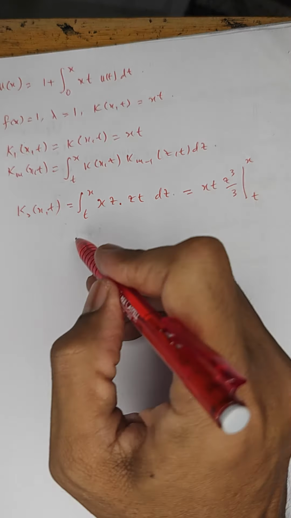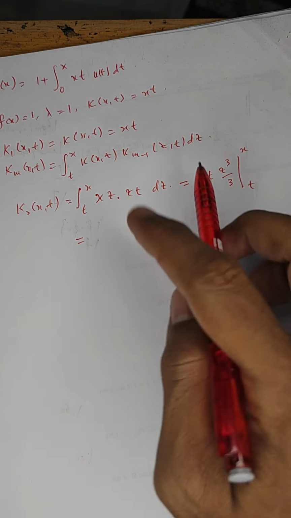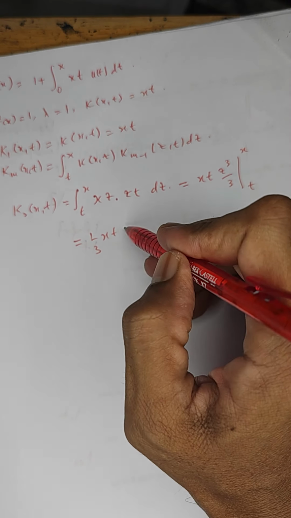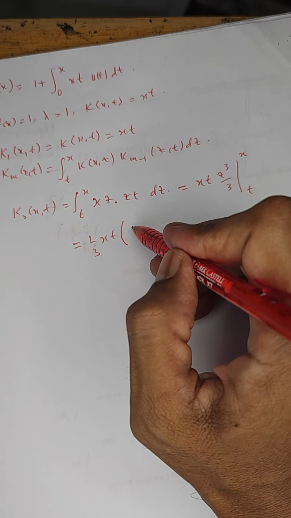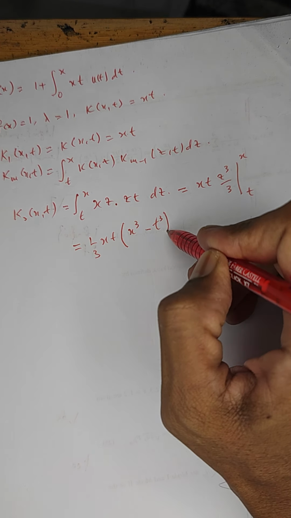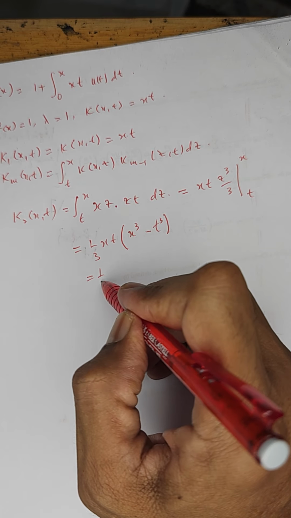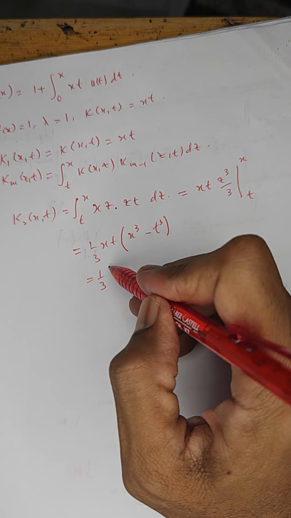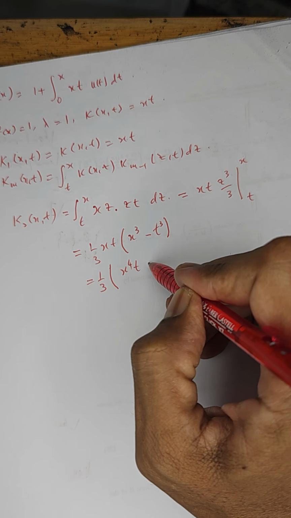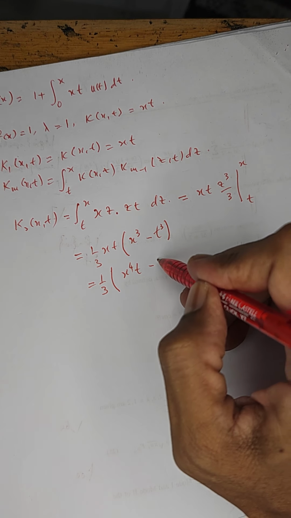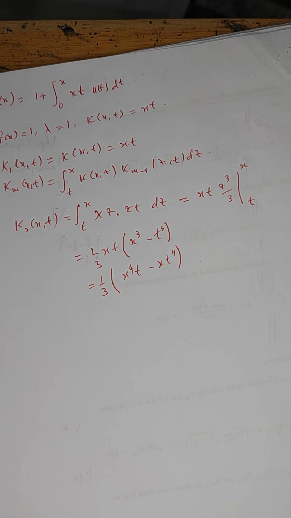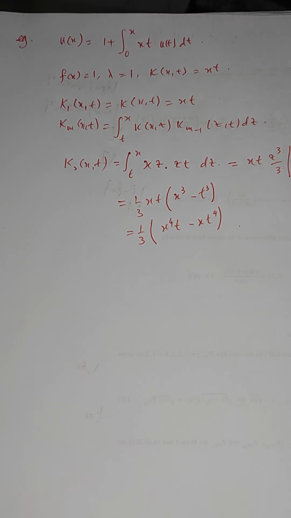That gives 1 over 3 xt (x cubed minus t cubed), or you can write it as 1 over 3 (x⁴t minus xt⁴).